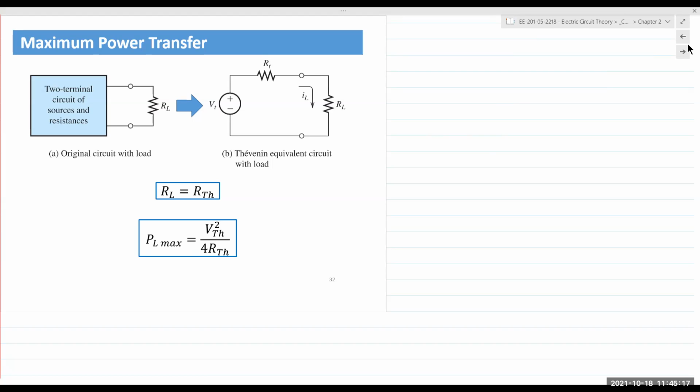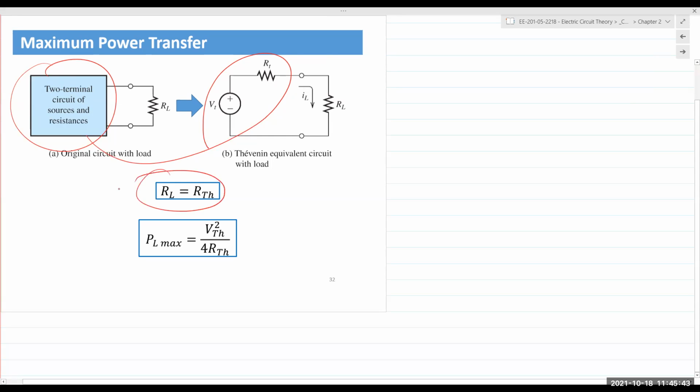Under those conditions, maximum power will be transferred from circuit 1 to the load. Here, this is basically represented by this Thevenin voltage and Thevenin resistance. RL will have some current being supplied from the driving circuitry. In order for maximum power to reach there, RL has to equal RTH.